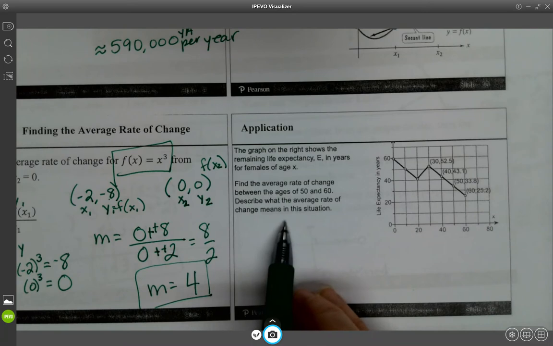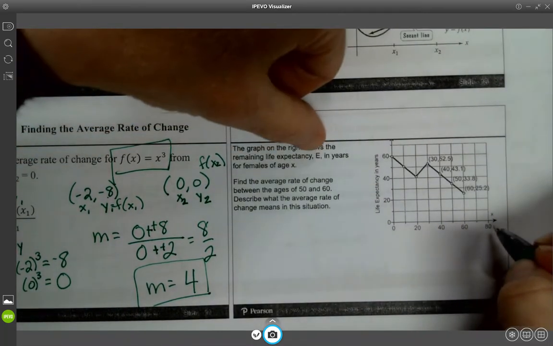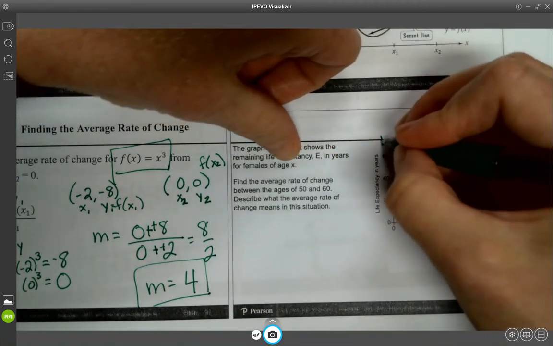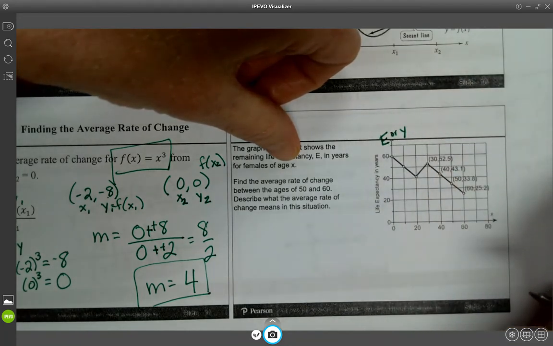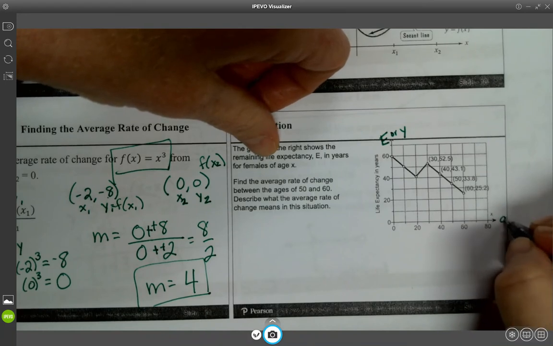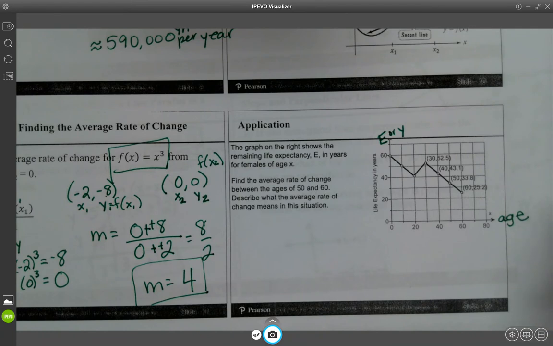Describe what the average rate of change means in this situation. So it says E shows remaining life expectancy, so this is E or y. That's your expectancy. And x stands for age. So our life expectancy given the age.